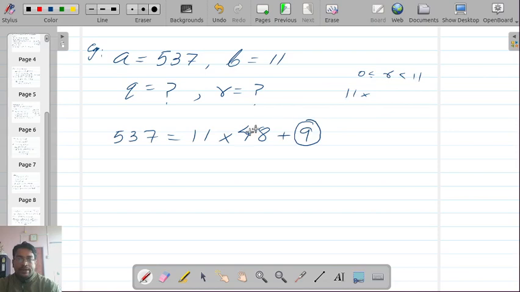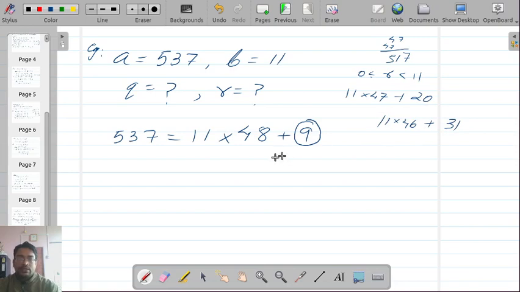Say if I take 11 into 47, then you can actually compute, the remainder is 20. 517 plus 20 is 537. If I take 11 into 46, I don't have to compute, I will just keep on adding 11 here, it will be 31.